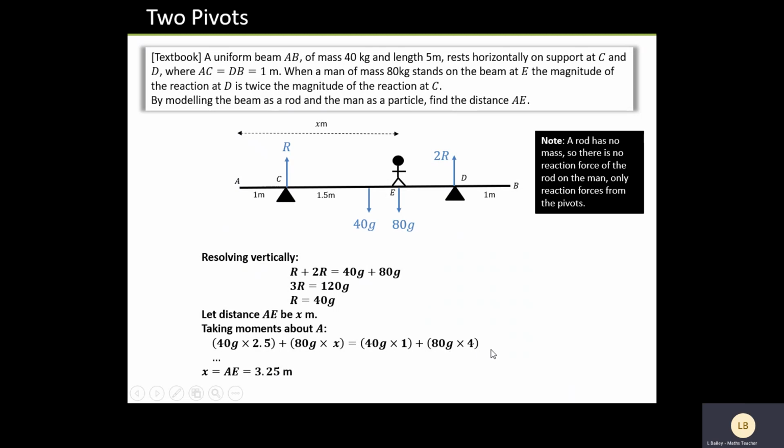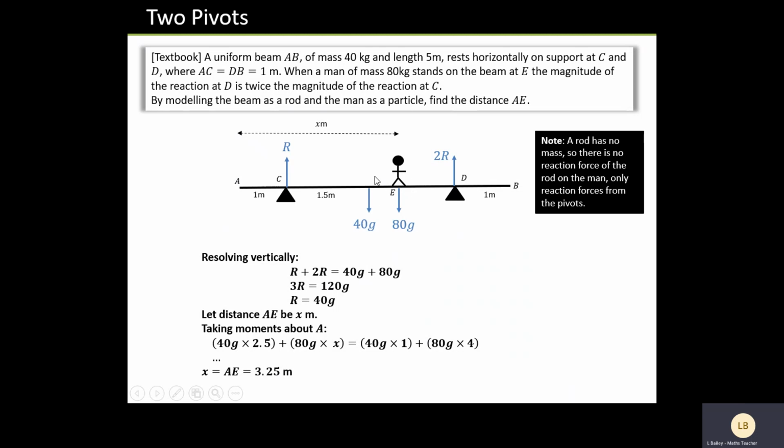Okay. I have got going clockwise, I have got my center of mass of this beam of 40 kilograms at a distance of 2.5 meters. So it's 40G for the force times a distance of 2.5.